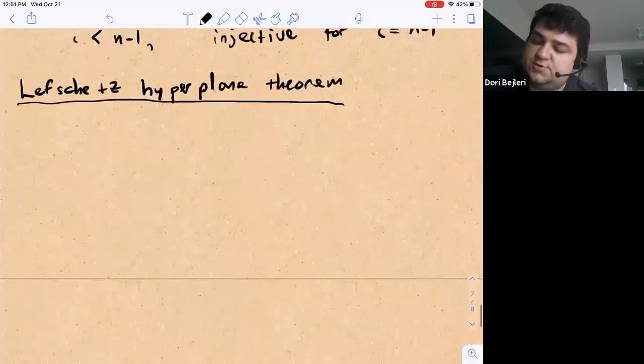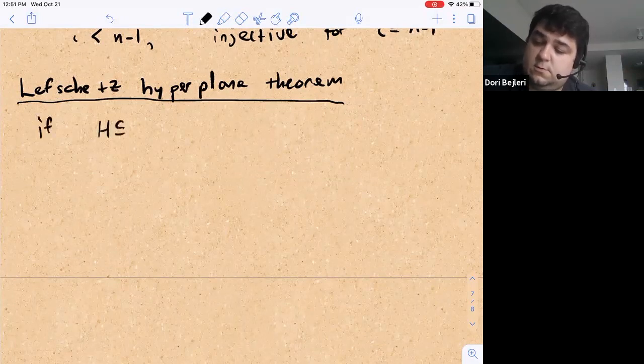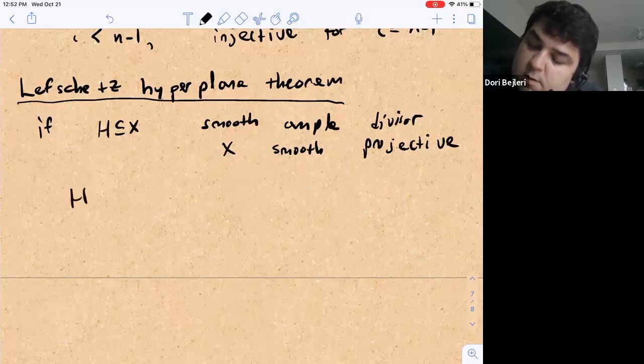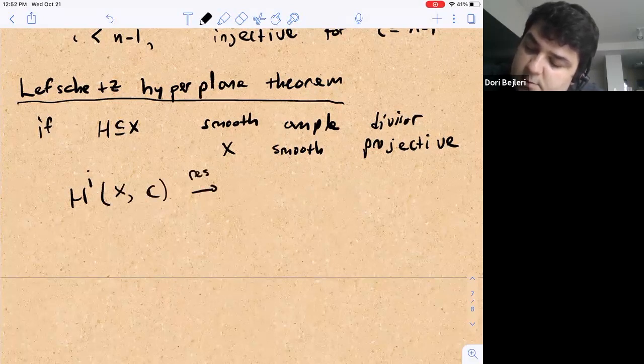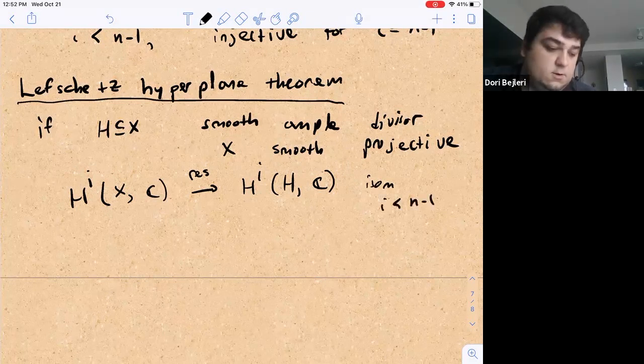So the usual form of Lefschetz hyperplane tells you that in this setting where H is a smooth ample divisor, and X is projective, then the restriction maps on singular cohomology are isomorphisms in the range i less than n minus 1, and they're injective for i equals n minus 1.